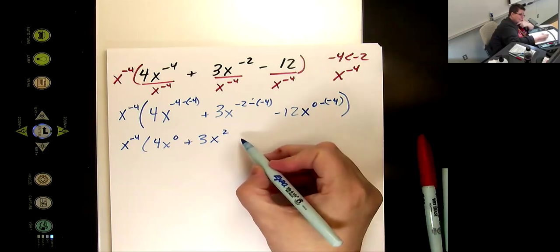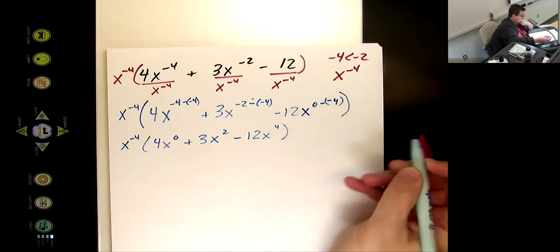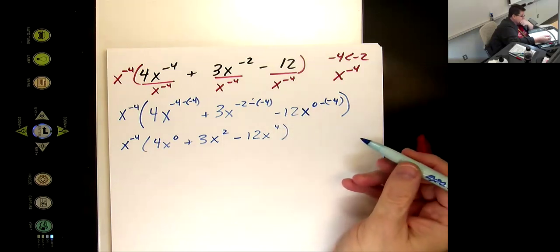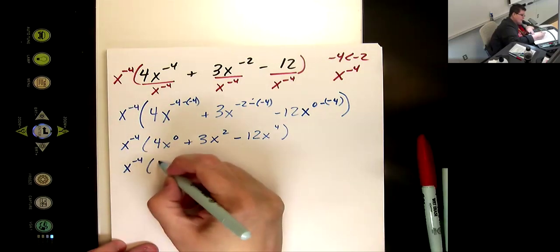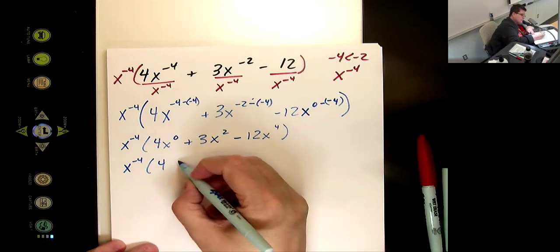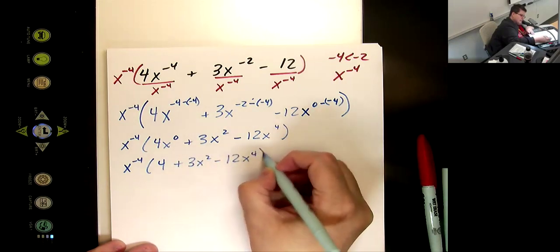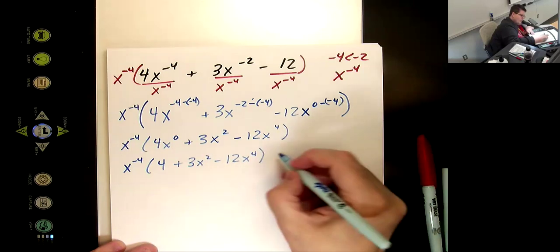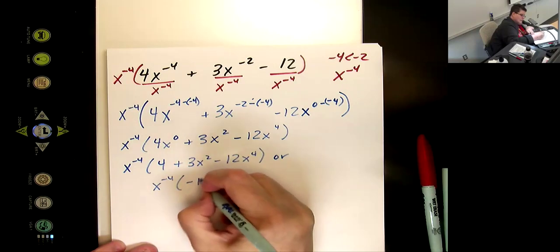And 0 minus negative 4 is positive 4. So this is negative 12x to the 4th. You can keep them in that order if you want. You shouldn't leave the x to the 0 though. Or you can put them in descending order.